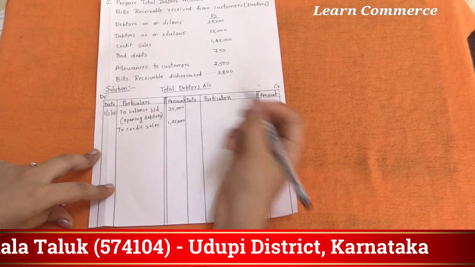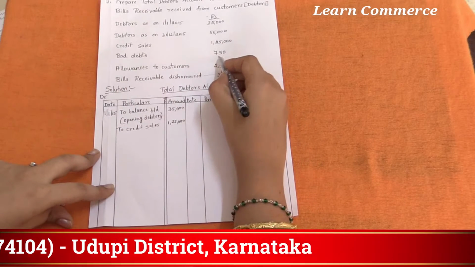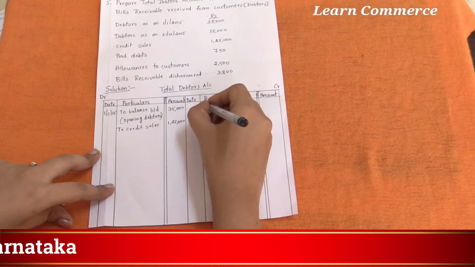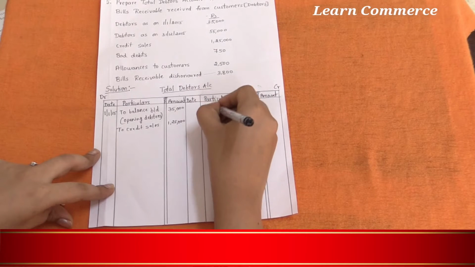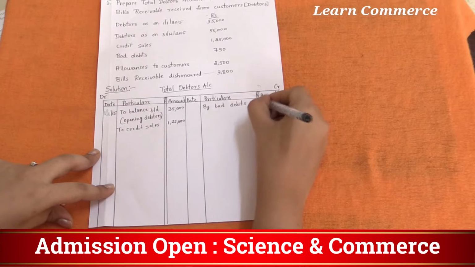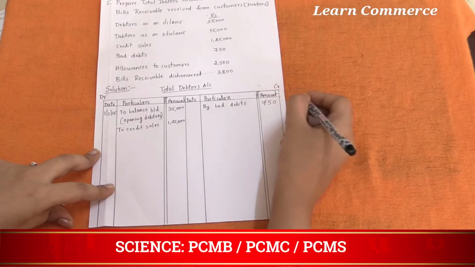Okay, next one, bad debts 750. Bad debts we should record on the credit side, that is by bad debts, 750.